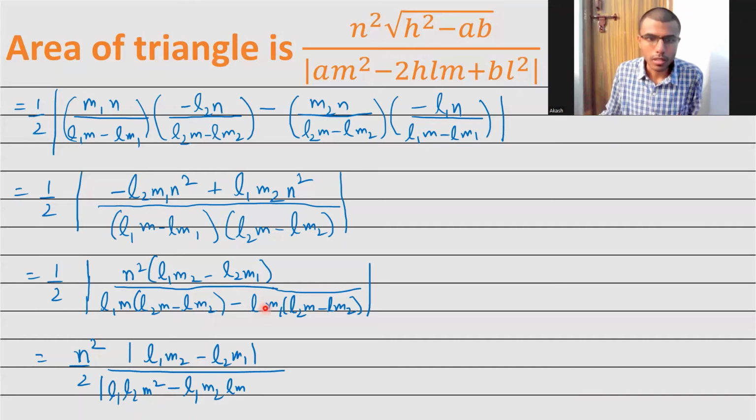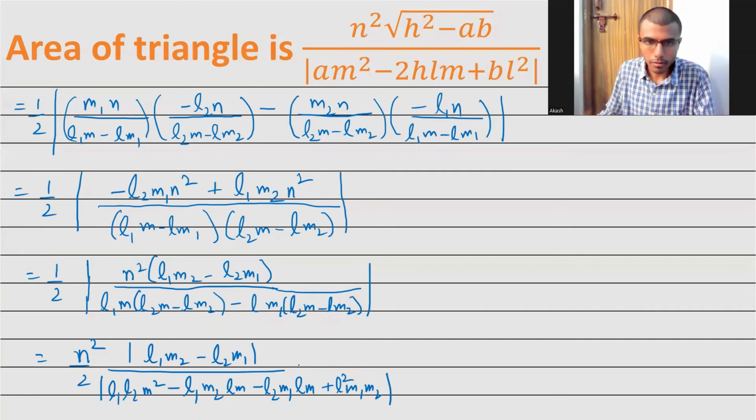Then minus LM1 into L2m is minus L2 m1 LM, minus L2 m1 LM. And then minus LM1 into minus LM2 is plus L square m1 m2, plus L square m1 m2.